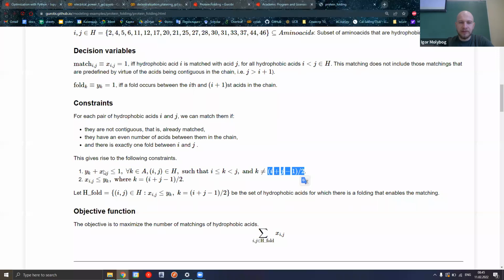So basically, this is saying that if you have x_ij being equal to 1, then y_k must be equal to 0 for any position in between i and j, except for probably the middle one. And in fact, the middle one has to be a fold just due to the previous constraint. Okay, so these two constraints take care of capturing the protein structure, the two-dimensional protein structure.